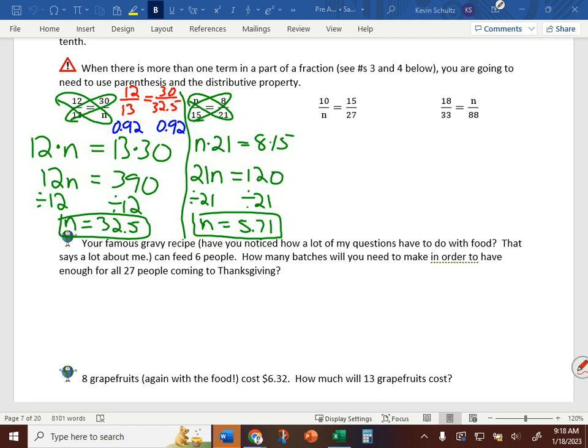And again, we want to test that. We take 5.71 over 15 equals 8 over 21. Compare those decimal values. What do you get? Probably 0.35, 36, 37.